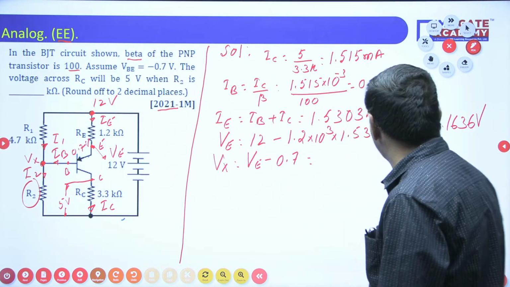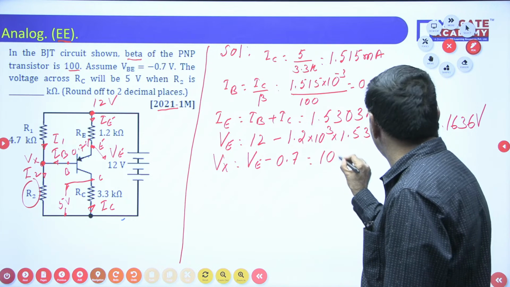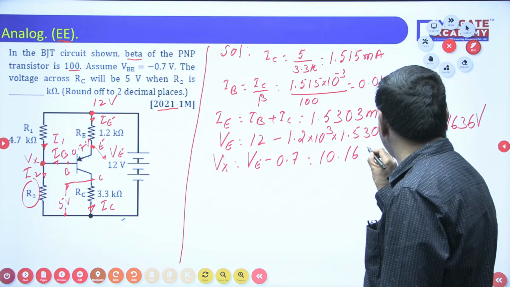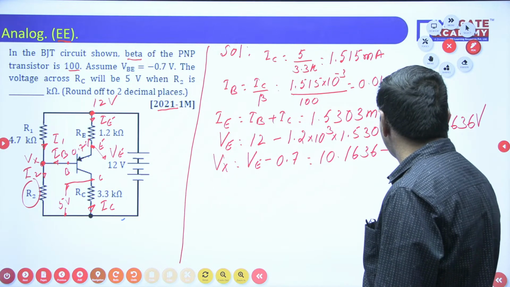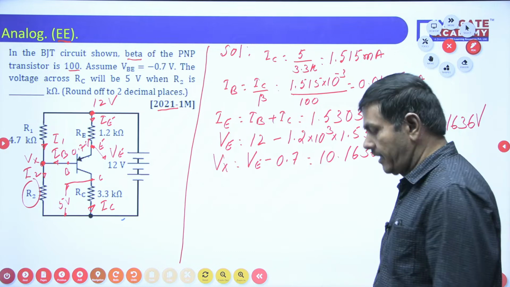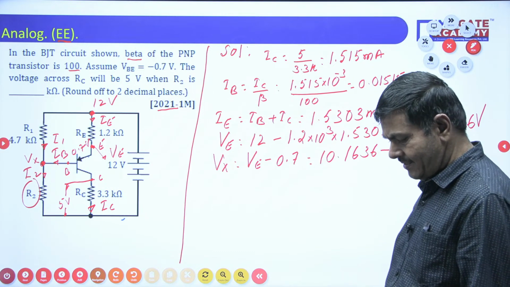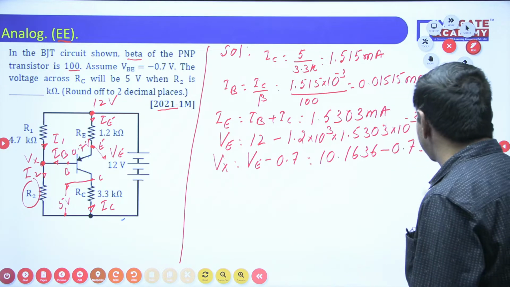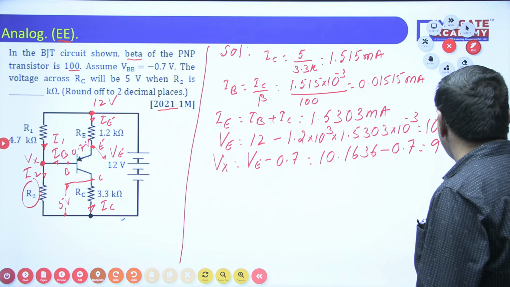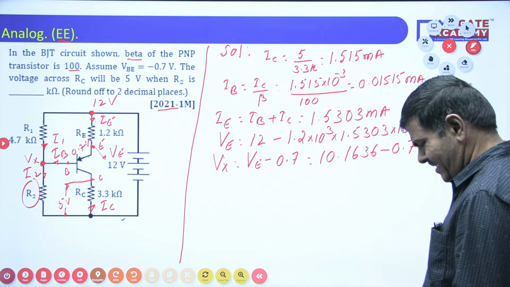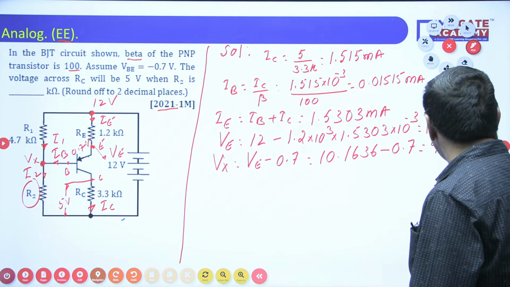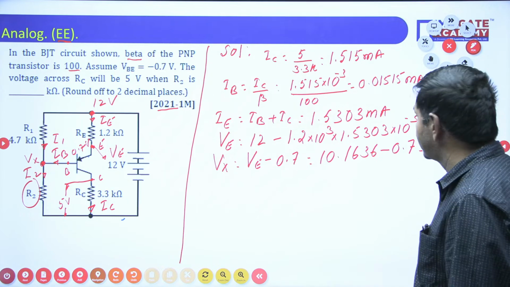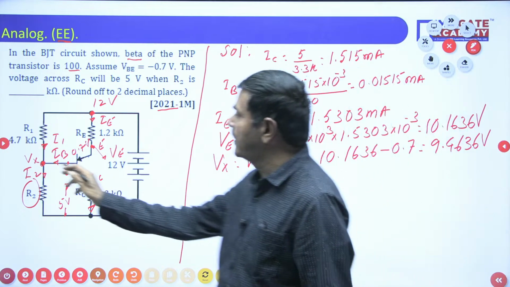What VE are you getting? 10.1636 minus 0.7. Finally, Vx comes as 9.4636 volts. I am getting the Vx value.